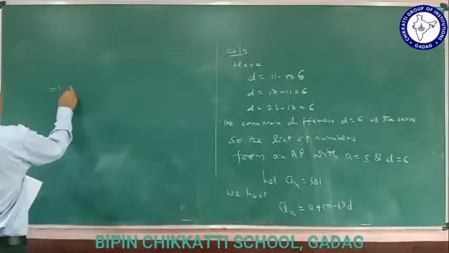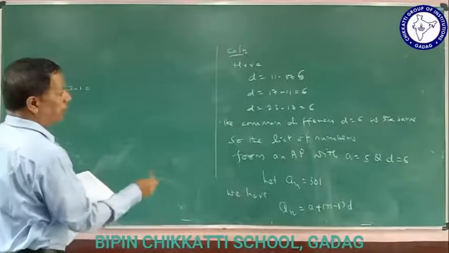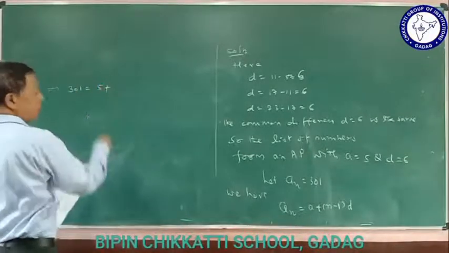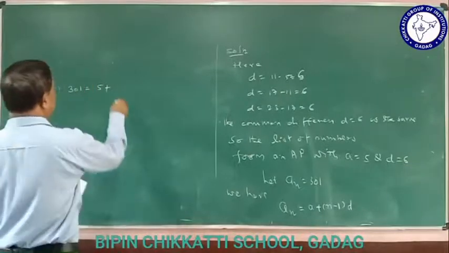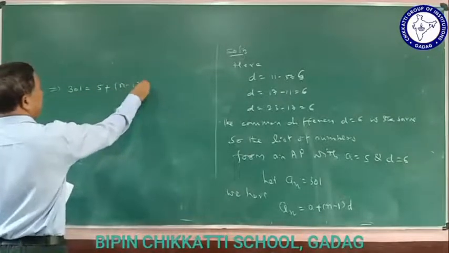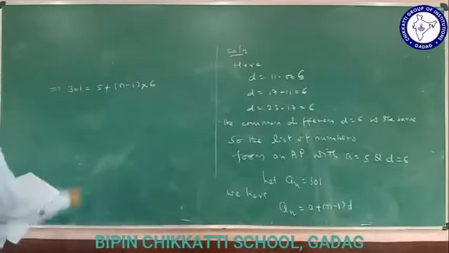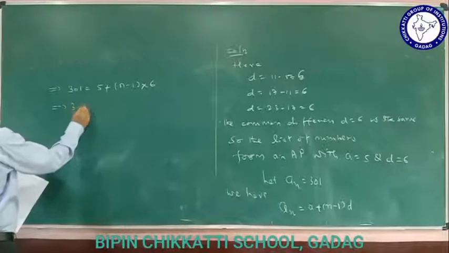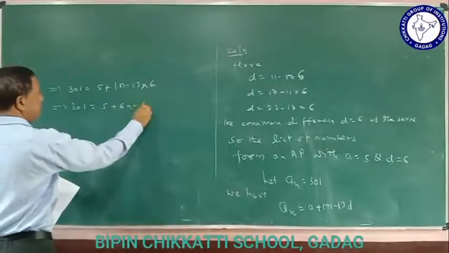That implies 301 equals a, which is 5, plus n minus 1. Here you see that n is not given, so n minus 1, and d is 6. Look at this: 301 equals 5 plus 6n minus 6.